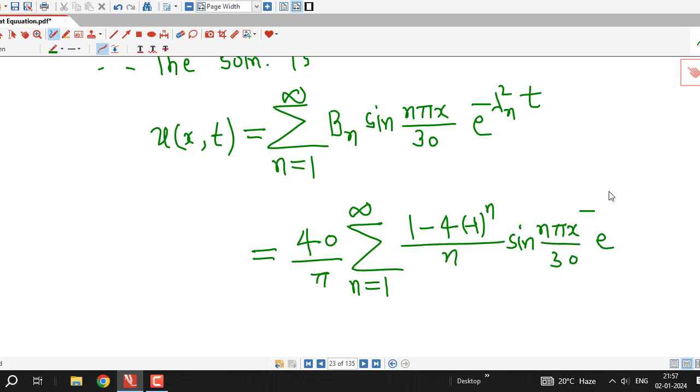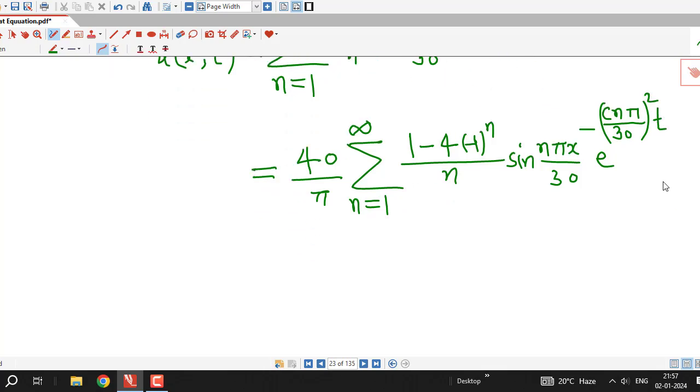Lambda n was c n pi over 30 and square of it. Lambda n is c n pi over L, L is 30. So I can write one more step.